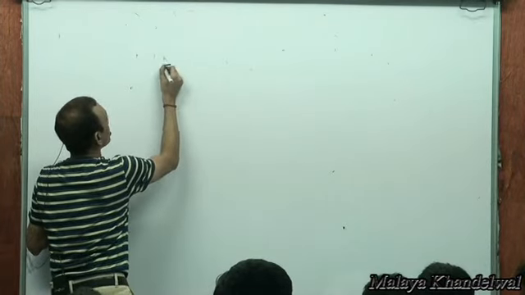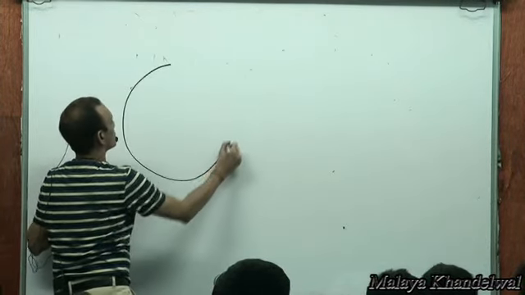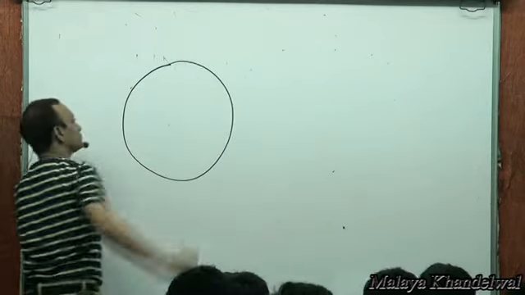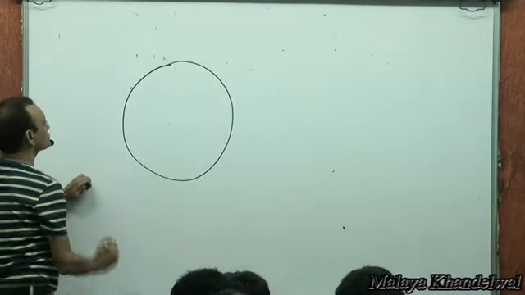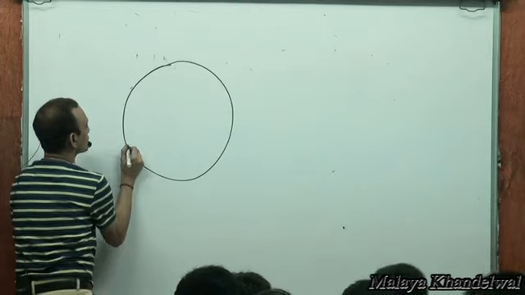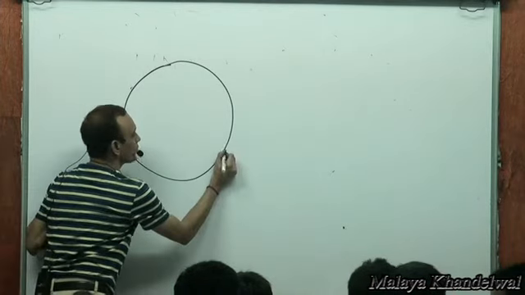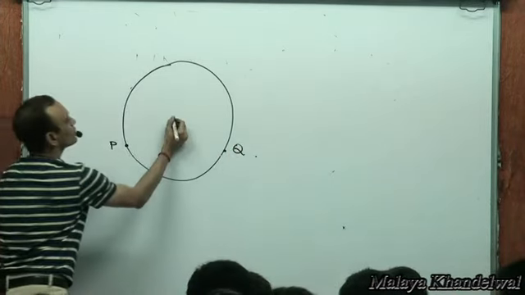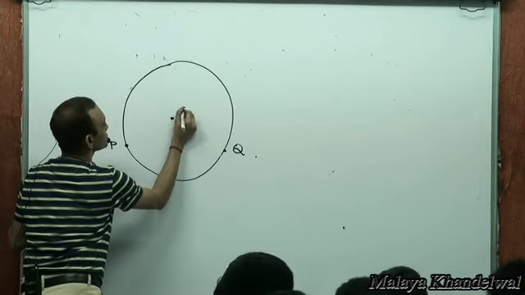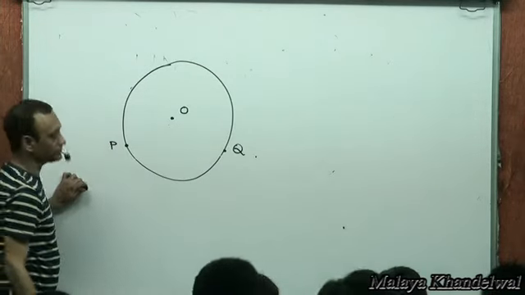Say, this was a circular wire, this was a point P, this was a point Q. This was the center of this circle, right?